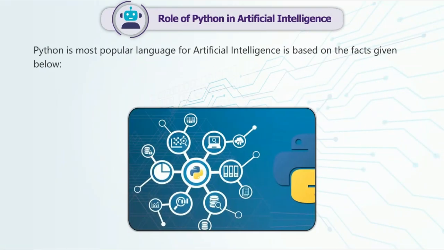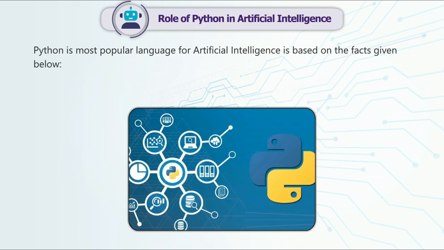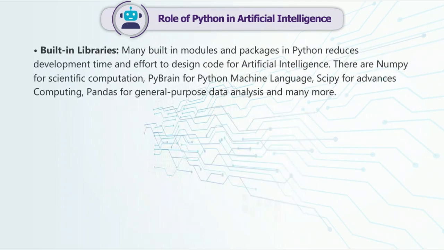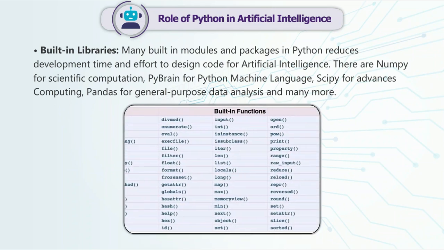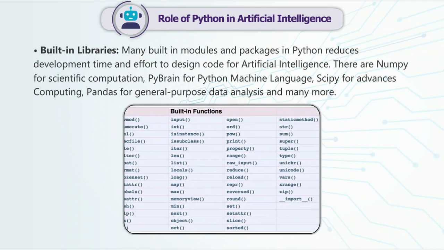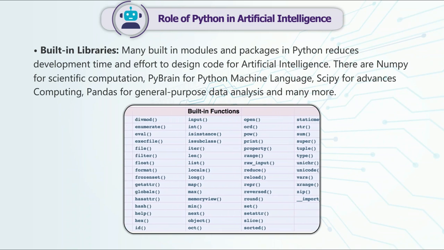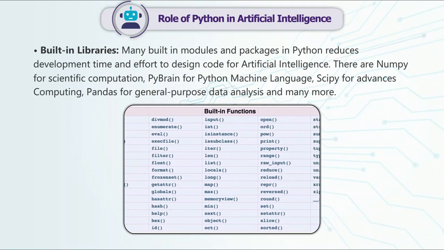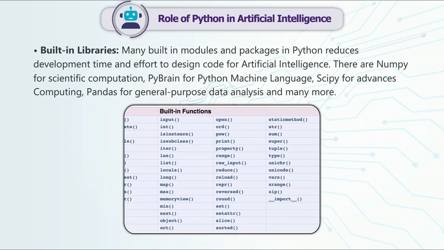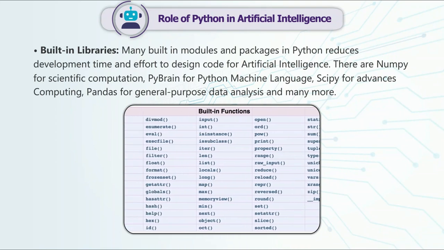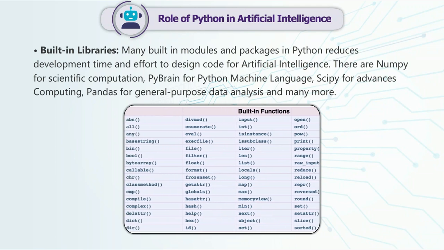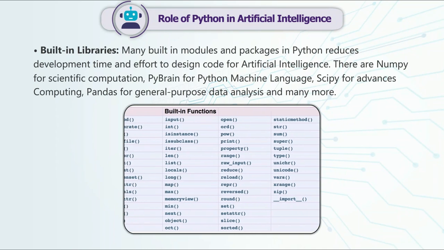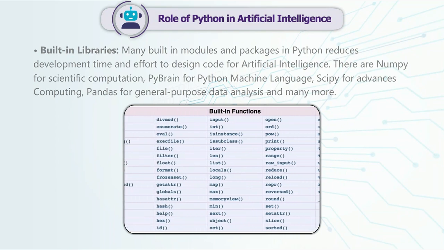Python is most popular language for artificial intelligence based on the facts given below. Built-in libraries. Many built-in modules and packages in Python reduce development time and effort to design code for artificial intelligence. There are NumPy for scientific computation, PyBrain for Python machine learning, SciPy for advanced computing, Pandas for general-purpose data analysis, and many more.